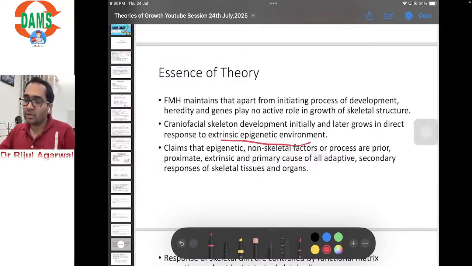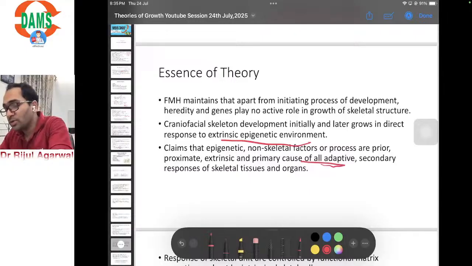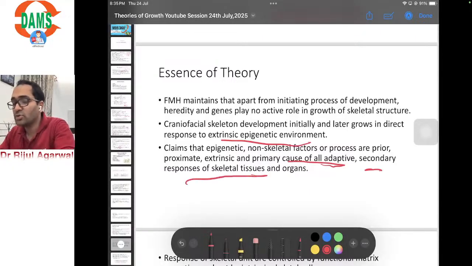It is shaped or modified by the surrounding environment. So it claims that there are certain non-skeletal factors, present outside those genes, which are primarily responsible for the adaptive secondary response of skeletal tissues and organs.